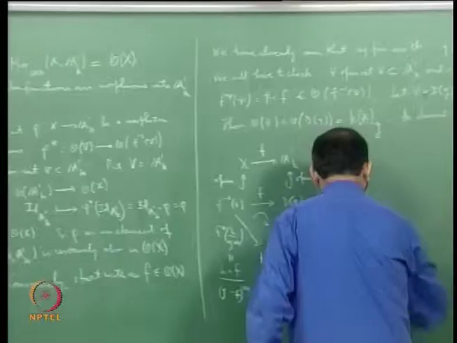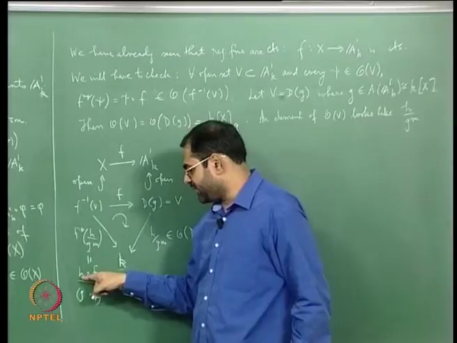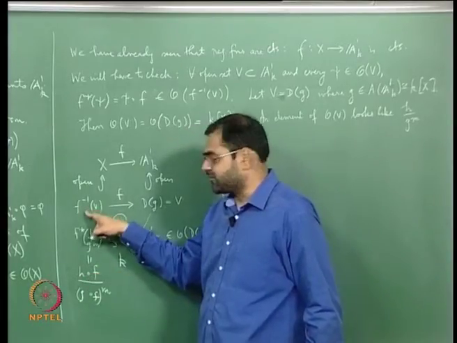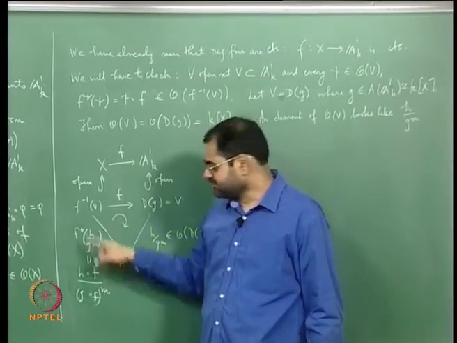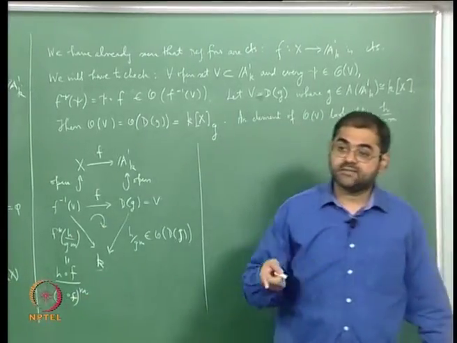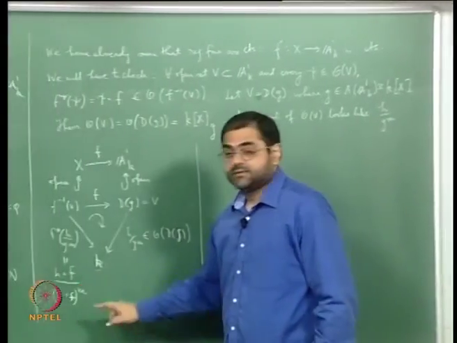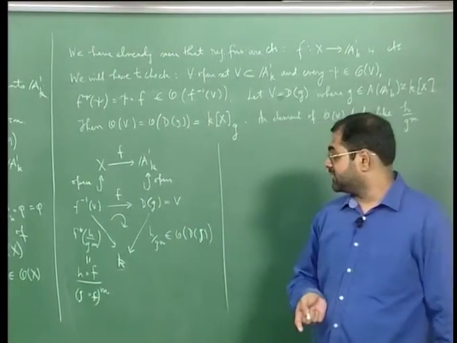I just want to say that if h circle f is a regular function on f inverse v, and g circle f to the m is also a regular function on f inverse v that does not vanish on f inverse v, then the quotient will also be a regular function on f inverse v.